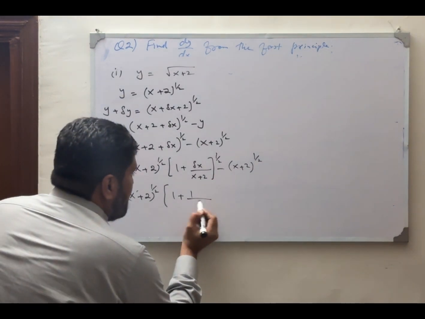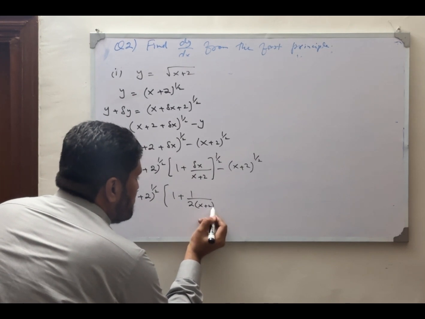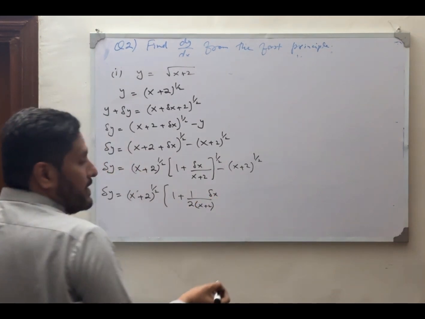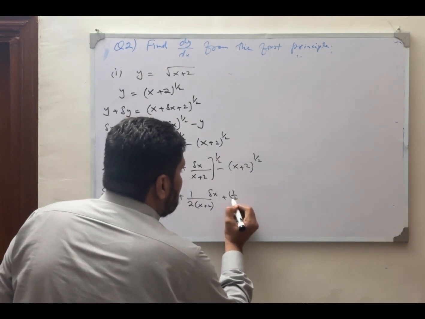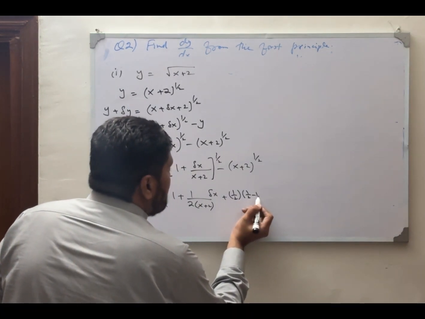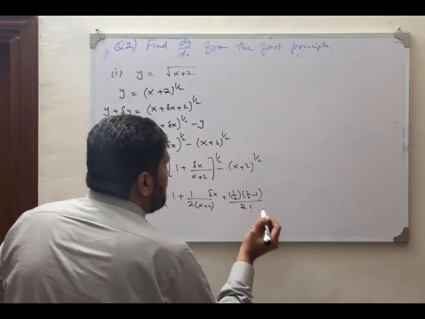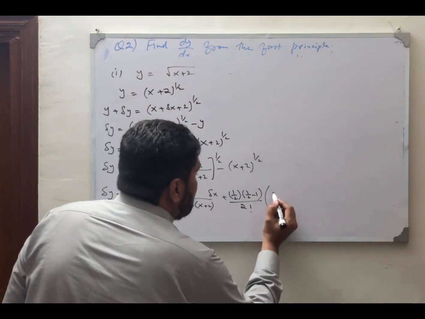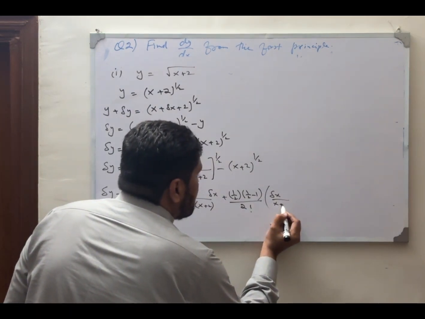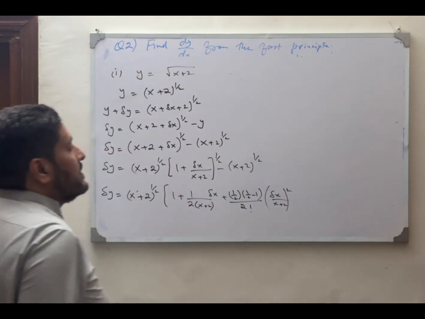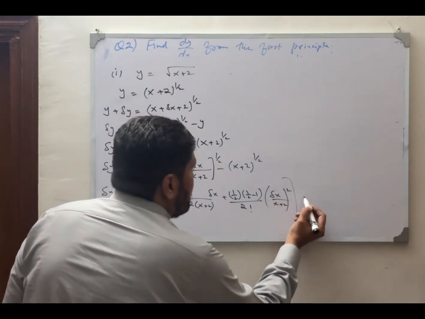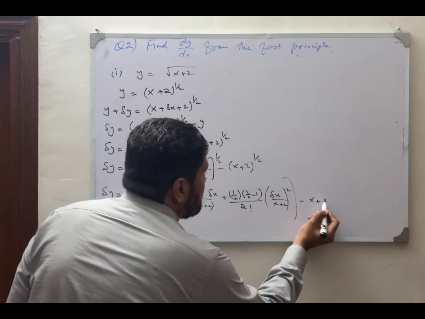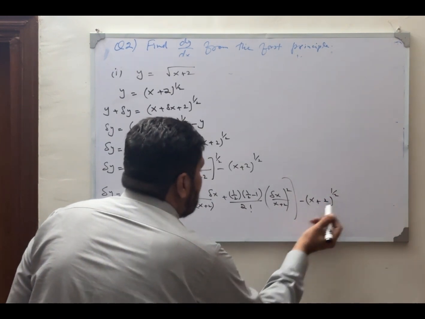That will become 1 by 2 into delta x by x plus 2, 1 plus nx, then n, 1 by 2 into n minus 1, 1 by 2 minus 1 whole divided by 2 factorial into x square. That will be delta x by x plus 2 whole square. So neglecting the higher terms, and then at the end we have minus x plus 2 power 1 by 2.